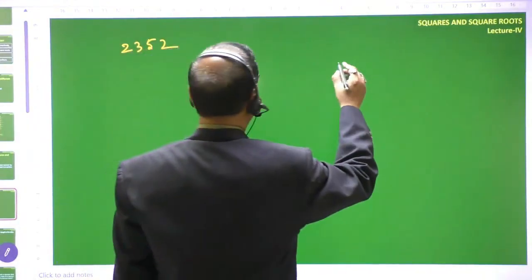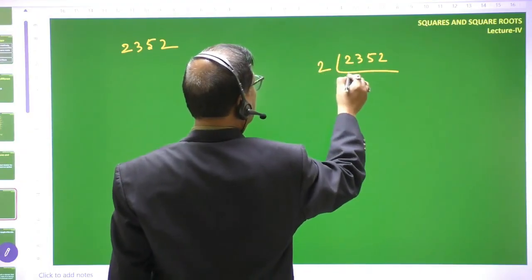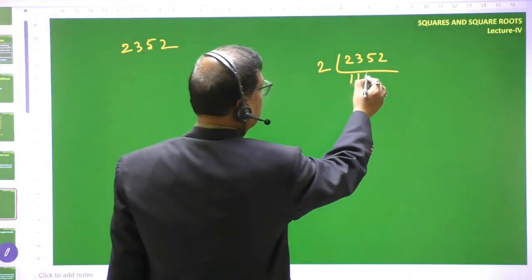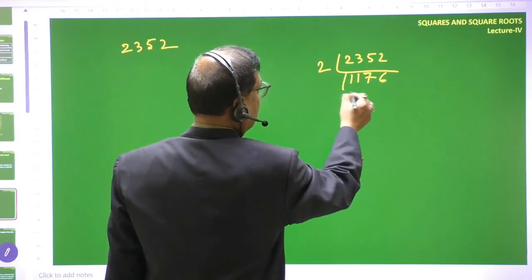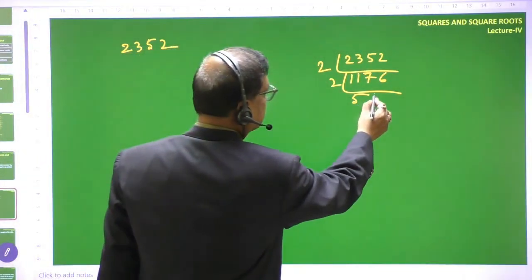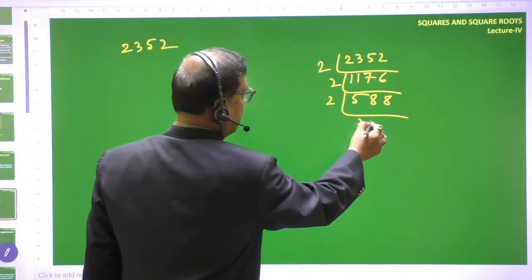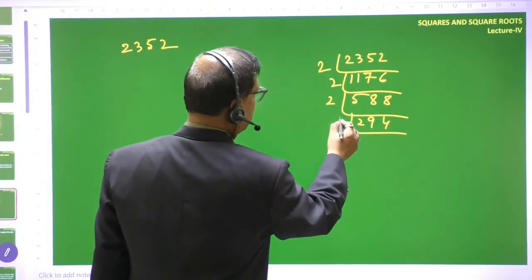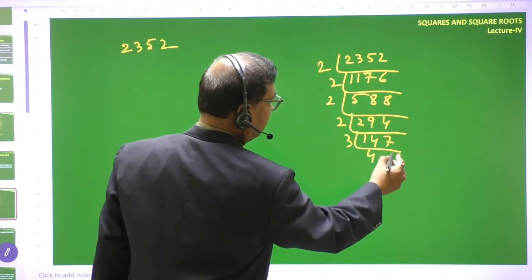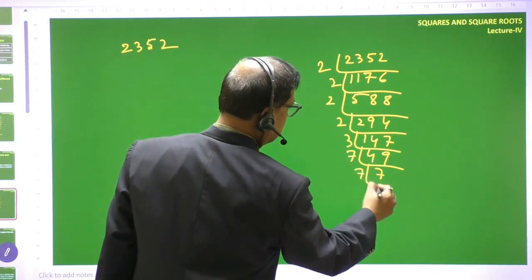Now we have to factorize it. 2352: divide by 2, 1176; again 2, 588; again 2, 294; again 2, 147; now 3, 49; then 7 and 7.